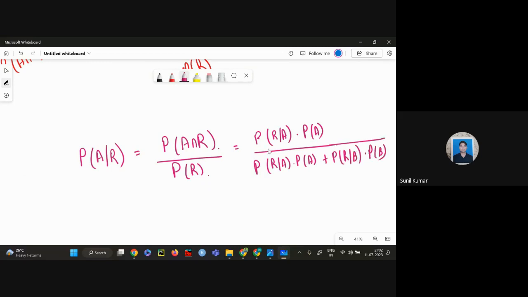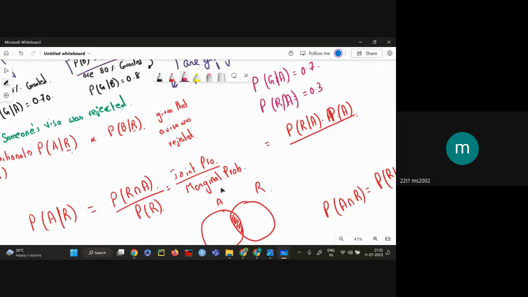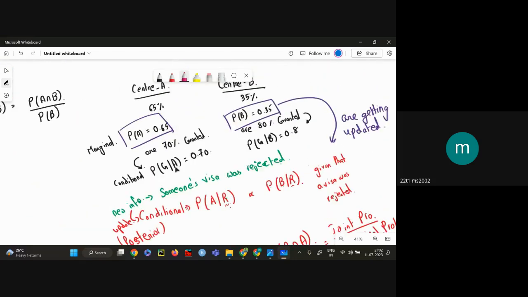Of B. Right? So that is how you write. Now you can directly substitute these values. These are given. So your problem basically gives you the probability of granting given A. And inside event A, there are only two options. I will either get granted or I will get rejected.